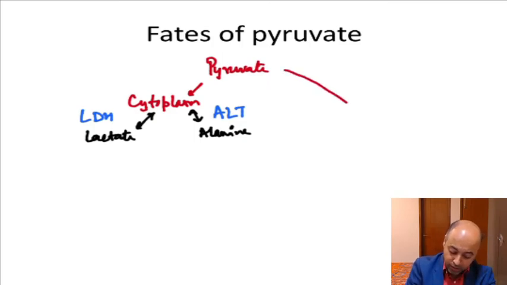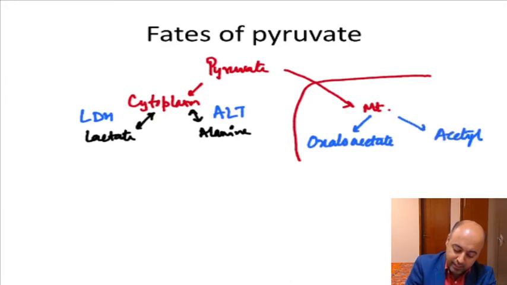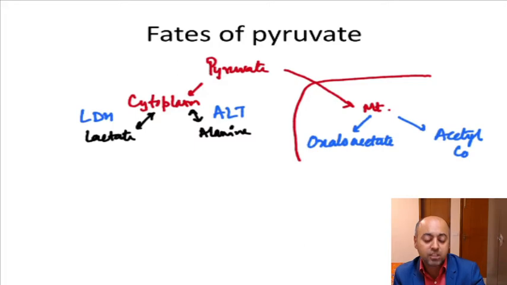The pyruvate can also go to the mitochondria, and in mitochondria it can either be converted into oxaloacetate. Please note that the reaction is irreversible. Or it can be converted into acetyl coenzyme A. Again, note the reaction is irreversible.